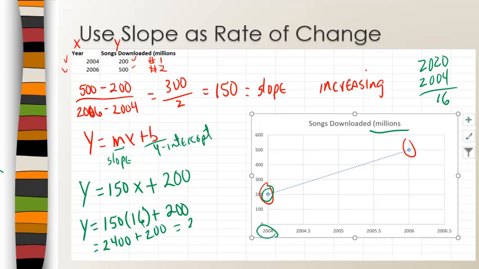That's going to equal 2,600. But again, I'm doing this in millions, so I've got 6 more zeros. 1, 2, 3, 4, 5, 6. Let's put some commas in here so I can read this a little bit better.